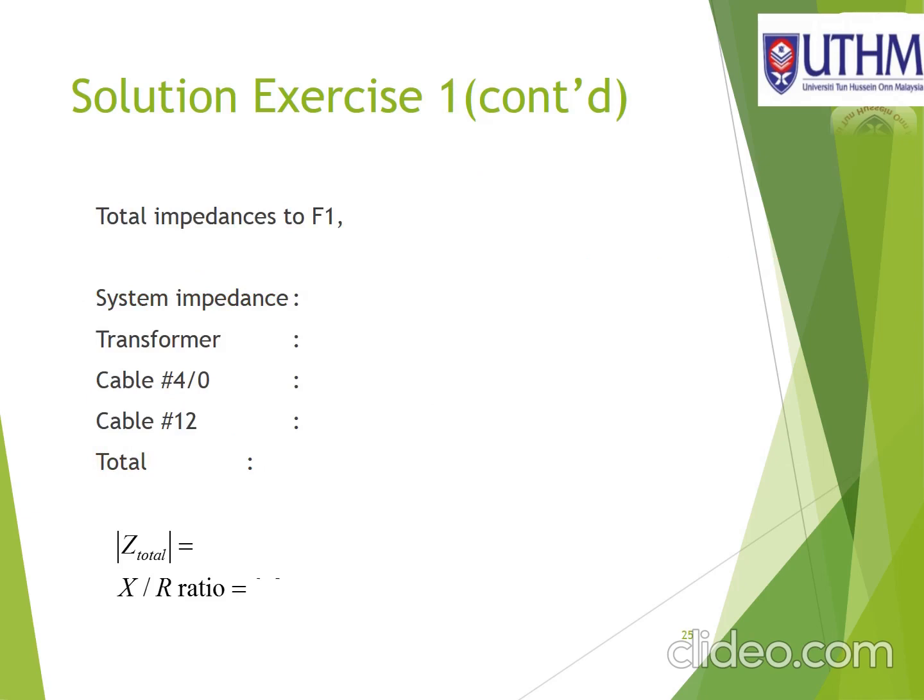And then step number 4, you have to calculate the total impedance to F1. You put all the R and X values and get the total amount. Then you have to calculate the Z total, by using the calculator, and also the X/R ratio.